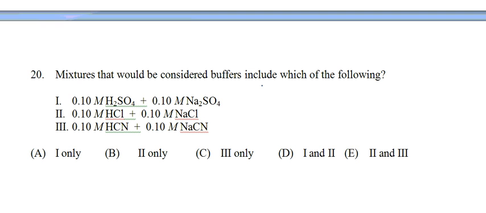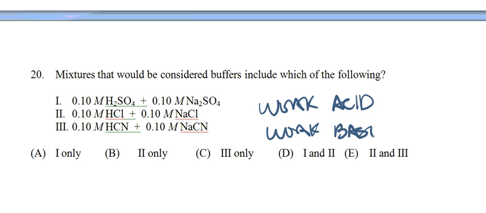So, if we're looking at a buffer system, we can never ever have a strong acid or a strong base as part of our buffer. And think about this. If we have a strong acid or strong base as part of our buffer, then those things are going to dissociate on their own, and they could care less about absorbing any extra hydrogen or hydroxide from anything else. So whenever you make a good buffer, make sure that it's a weak acid or a weak base, and its conjugate salt.